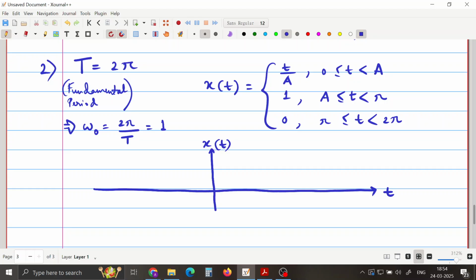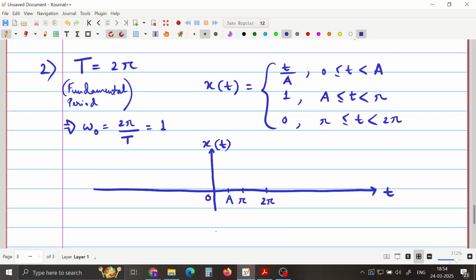From 0 to 2 pi, how does it look like? Let's say 0 is somewhere here. That 0 to 2 pi is split into three parts. First is 0 to capital A. Let's say capital A is somewhere here. Then capital A to pi, and then pi to 2 pi.